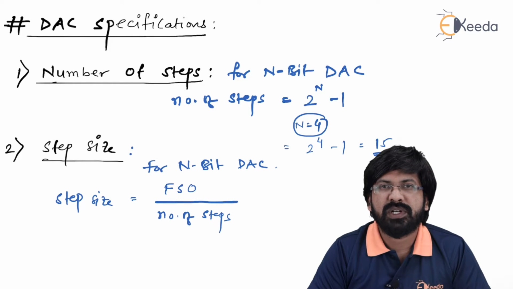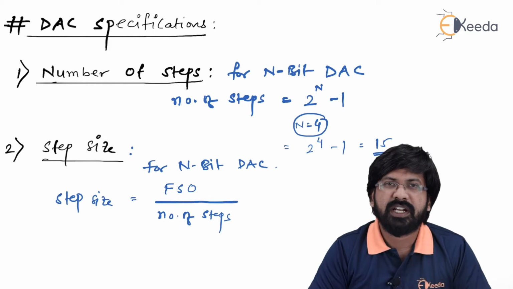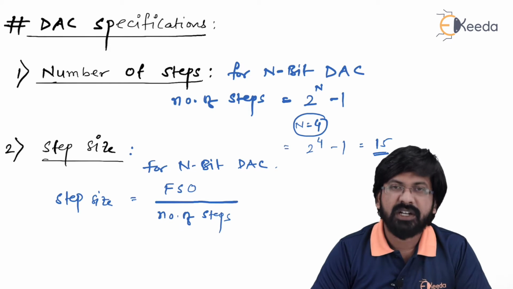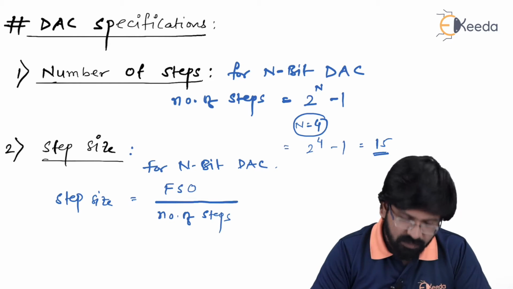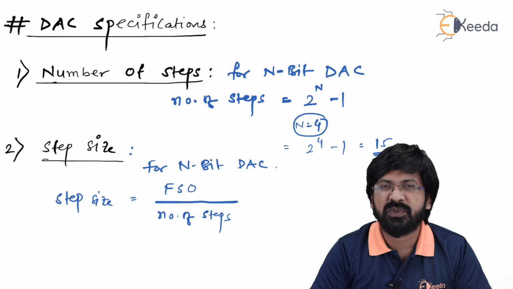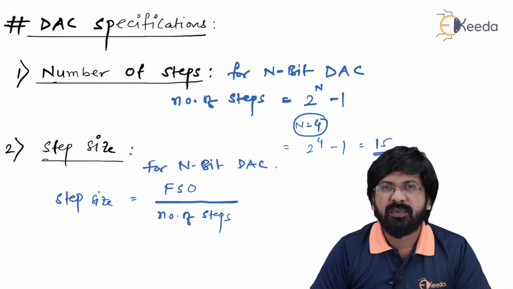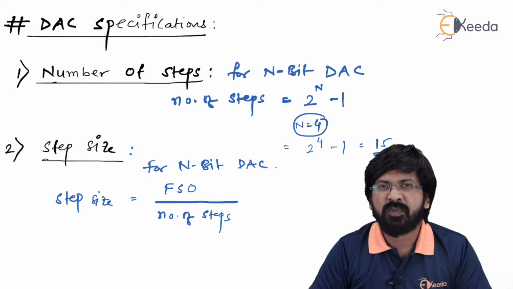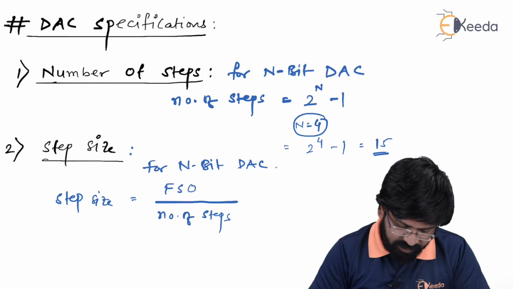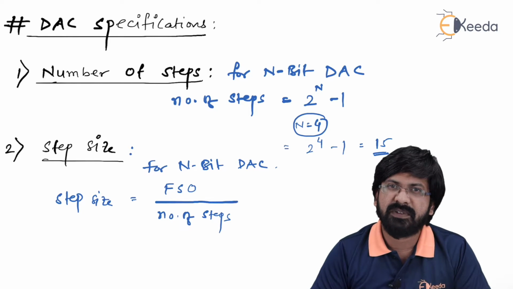Remember, full scale output voltage means the maximum output that can be given by the DAC, divided by the total number of steps, will give you the size of each step, because you know that the output is increasing in terms of steps, right? So just determine the maximum output that can be provided by the DAC and divide by the number of steps, and you'll get the size of every step, right?